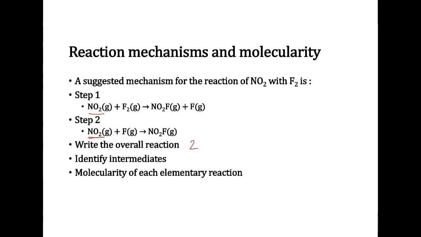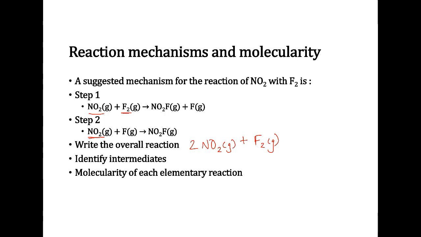We have 2 NO2 plus, all right, the next reactant, let's consider F2. Well, I don't see any other F2 molecules in the reactants of either step 1 or step 2, and I don't see it in the products. So F2 must be a reactant in the overall reaction.